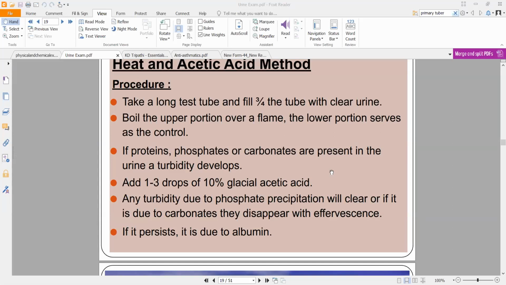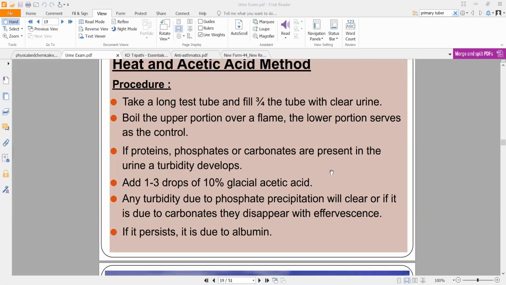So when we add urine in the test tube, add a little bit of glacial acetic acid and eventually heat it, turbidity will appear. Now let's suppose that turbidity is due to phosphates. Immediately that turbidity will precipitate and the solution will become clear.